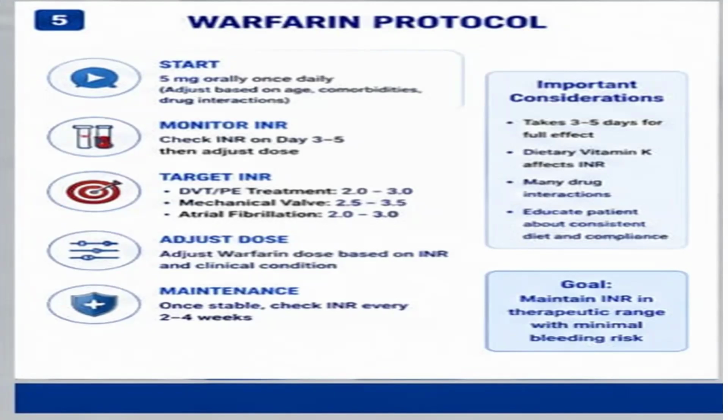Patients should receive counseling regarding consistent dietary vitamin K intake, regular INR monitoring, drug interactions, and recognition of bleeding symptoms. It is contraindicated in pregnancy because it can cause fetal abnormalities.